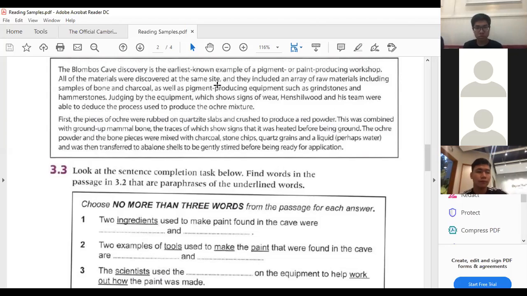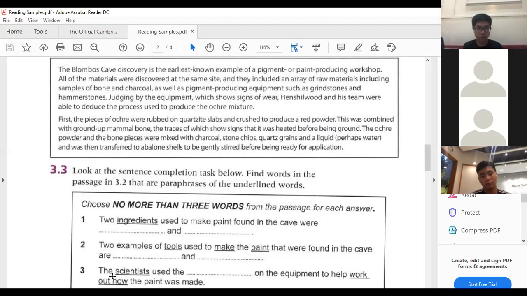Keep reading. We know where the tools are. So here are the tools, equipment. So what are the answers to this one? Rajara, did you find the answers? Yes. What are they? Grindstones and hammerstones. Very good. Grindstones and hammerstones.